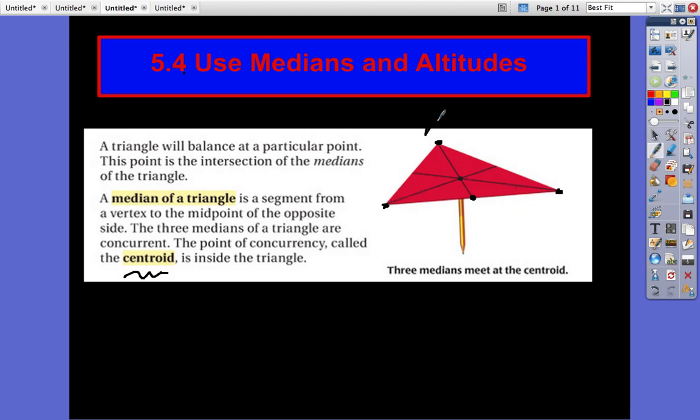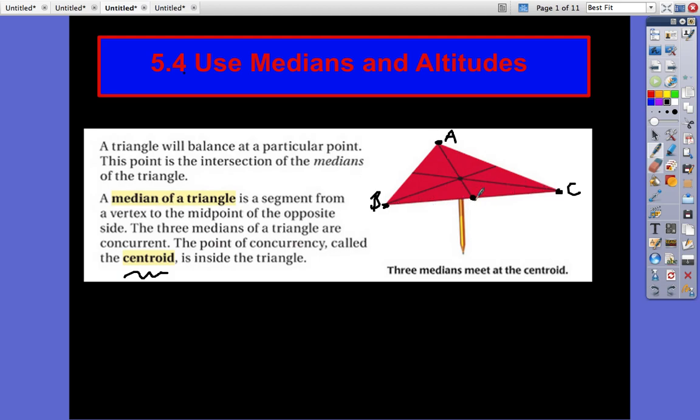If we call this triangle A, B, C, then from vertex A going down to the midpoint of BC would be the median of a triangle.